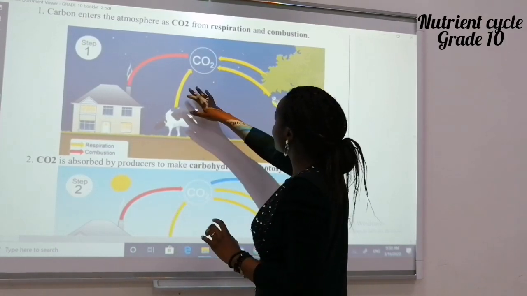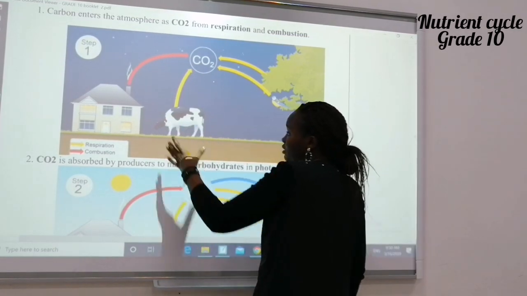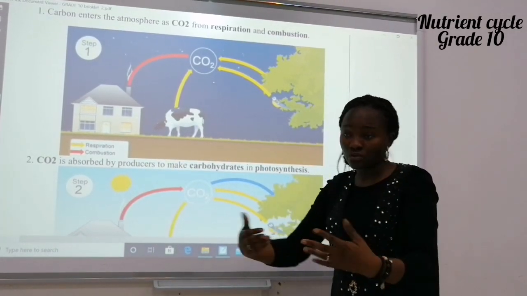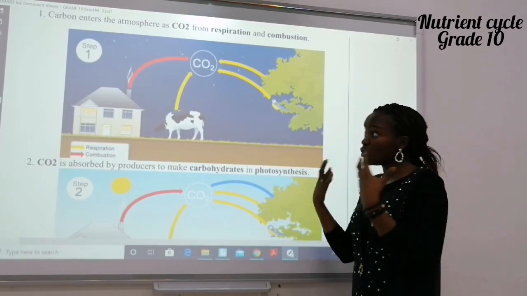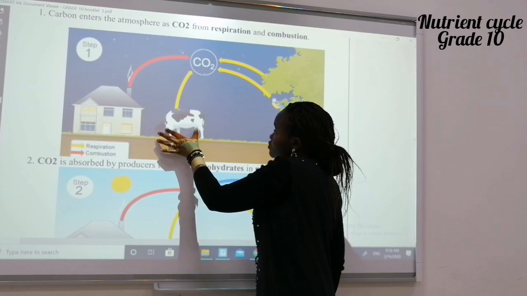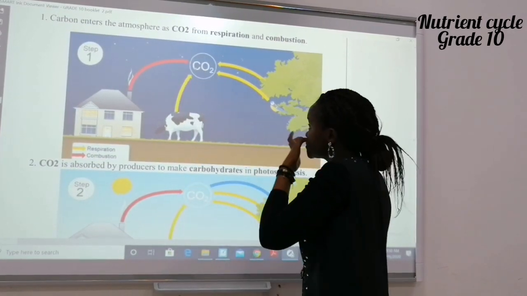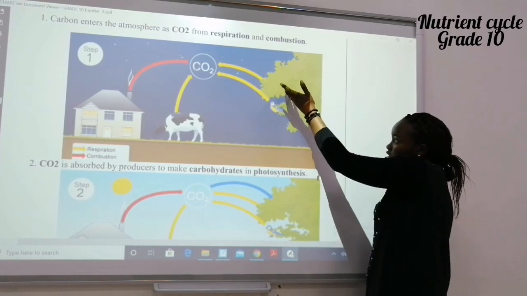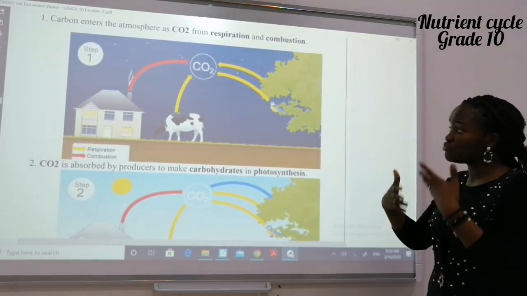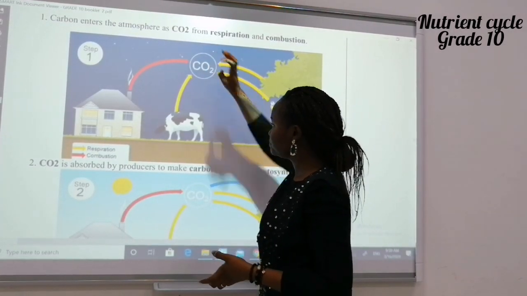The yellow one represents respiration. This is an animal breathing. We breathe in oxygen, then we breathe out CO2. So as you breathe, you are also releasing carbon dioxide into the atmosphere. This is a bird and this is a tree. When living organisms respire, we release carbon to the atmosphere.